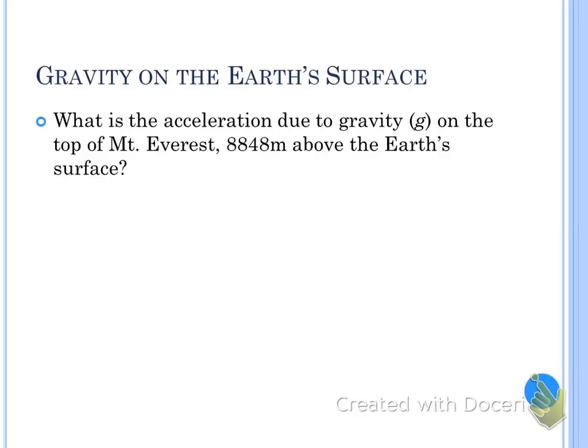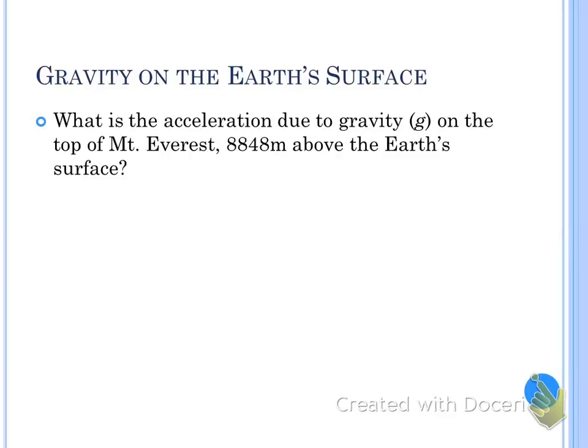What's the acceleration due to gravity on the top of Mount Everest, which is 8,848 meters above the Earth's surface? This is when we have to be really careful with the wording. Is it above the Earth's surface? If that's the case, what should we do? Add it to the radius of the Earth.